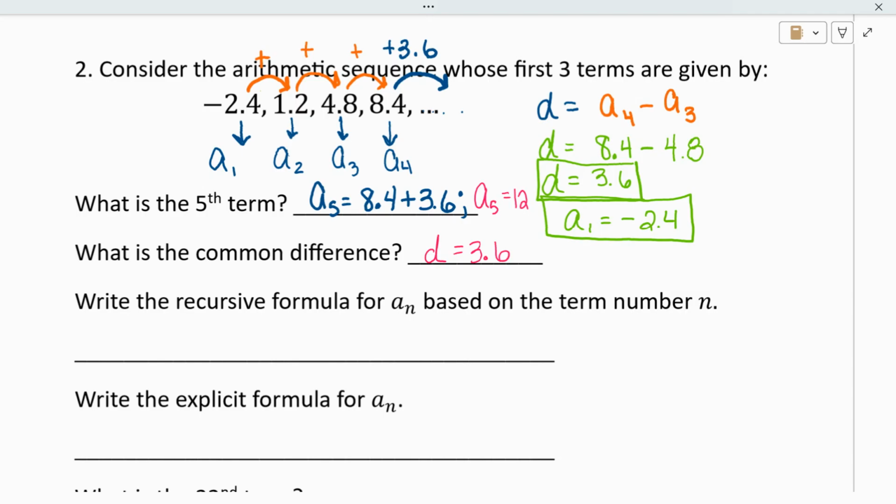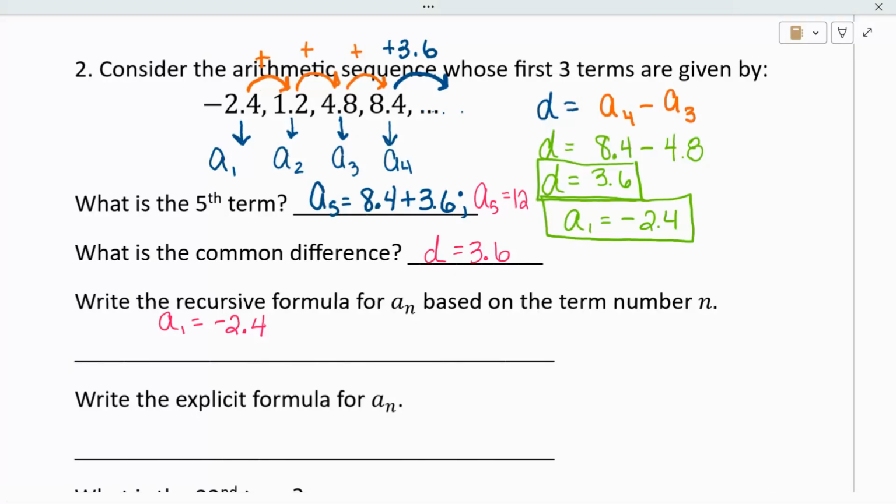For the recursive formula, you always start off by stating the first term. So what is the first term? Avery, what is the first term in that sequence? Negative 2.4. I know you guys know what's going on, you're just being quiet. Okay, so that's the first part. You have to say that.